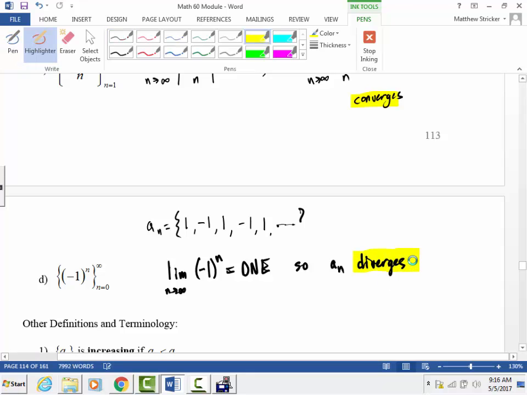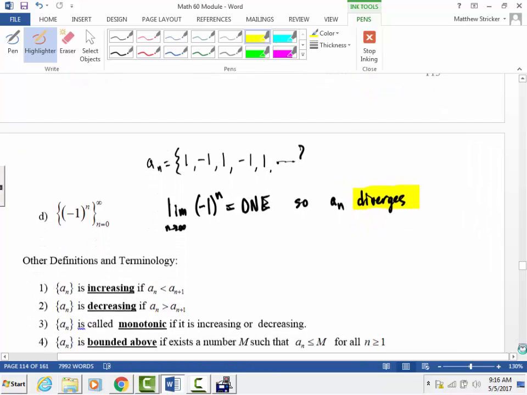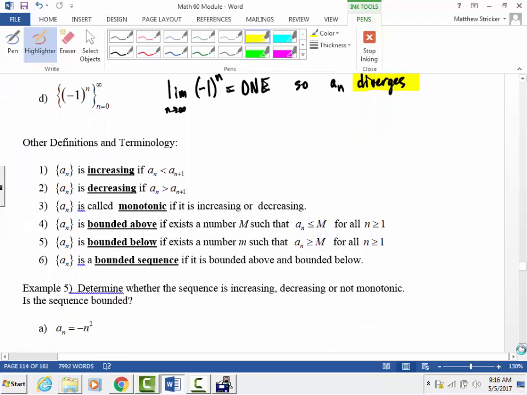Okay. We got some terminology here. These are pretty basic terminology. If we increase our sequence, the terms in the sequence, so we go from the first term to the next term. If the first term is n, the next one's n plus 1.